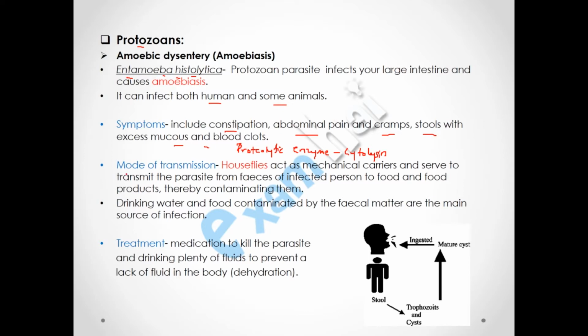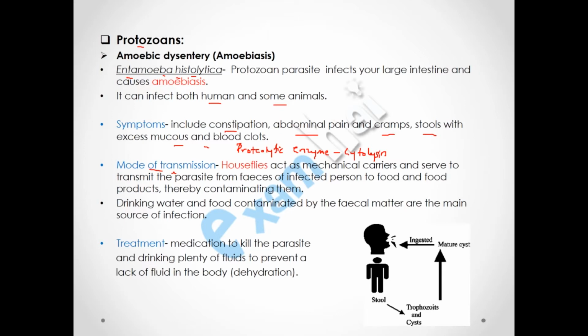Okay, now the mode of transmission. Because in India, if we take an example, many people do open defecation, due to which if there is this protozoan in the feces of that person, it can easily be transferred from one place to another through water, flies, or air.